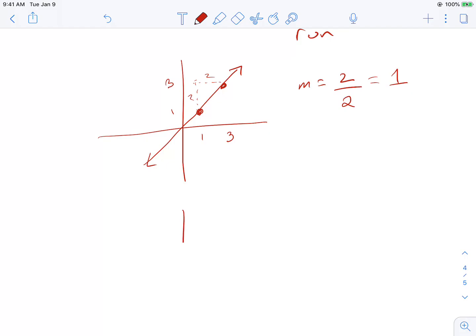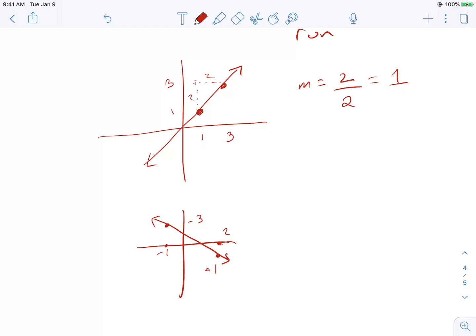And that also works for graphs that are falling. So if I had something like this, if this was a point, maybe (-3, 3), and then I got a point over here, maybe it's this point here, (2, -1). Well, I can do the exact same thing.